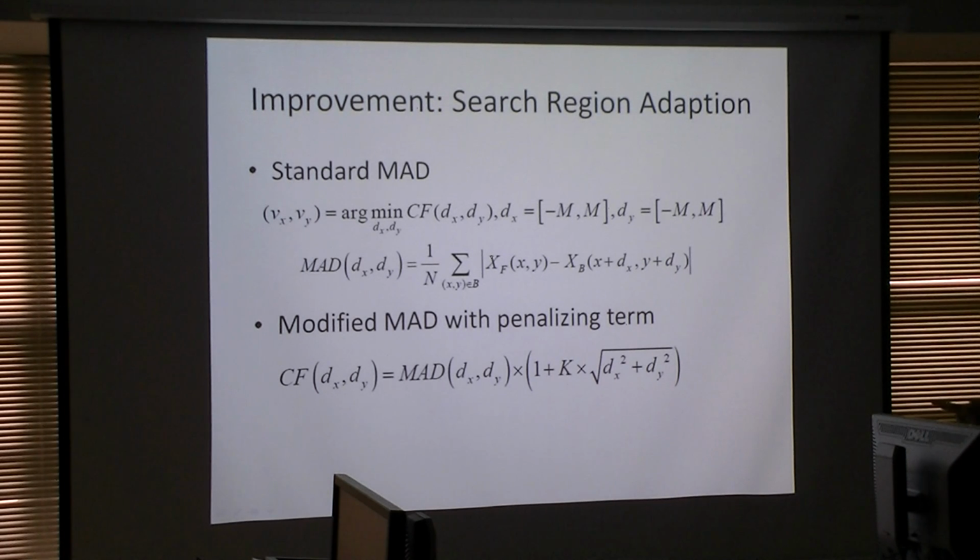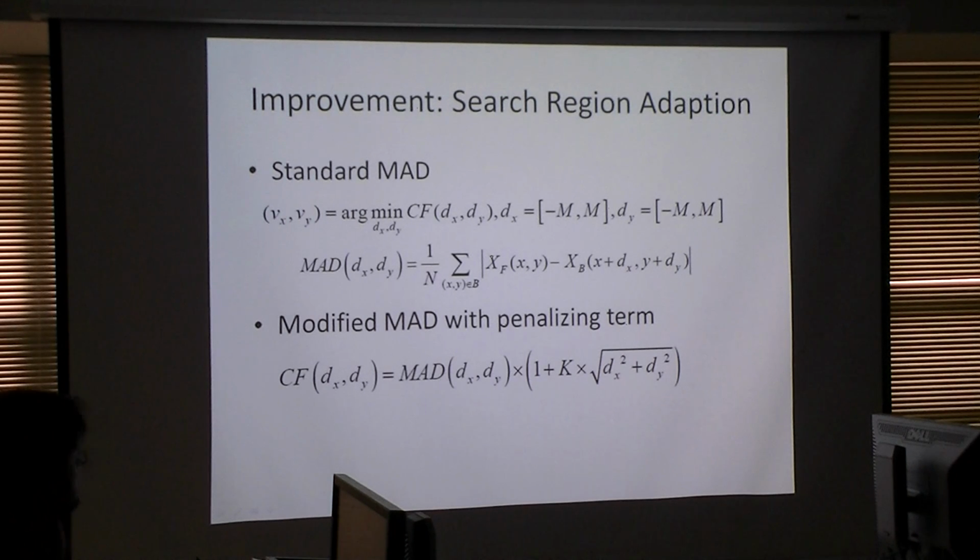In the penalty term, the dx and dy is for the current block or from the neighbors. For example, if you have some neighbors that have a small movement, and in the center we have a big movement, you want to remove this one, or you want to keep the movement of each block small.